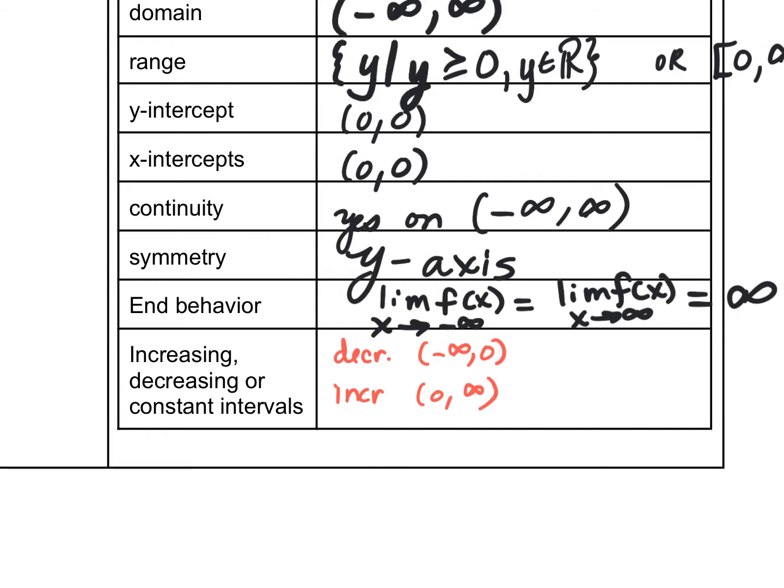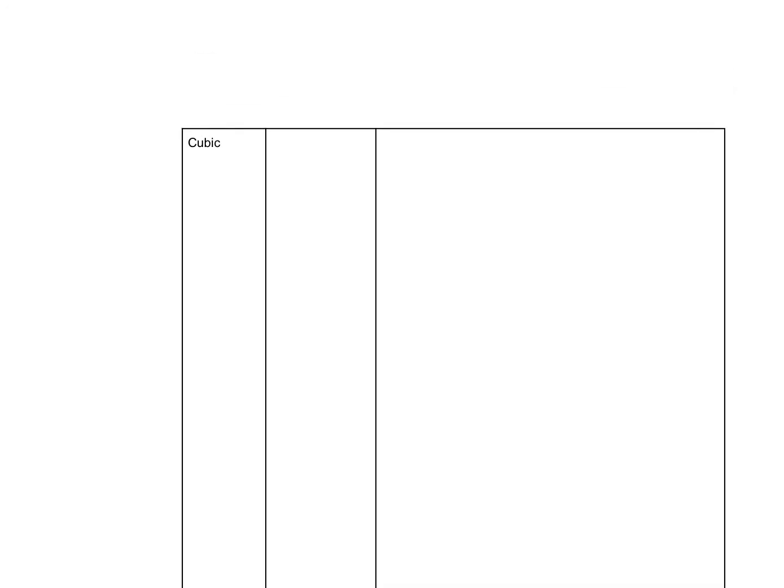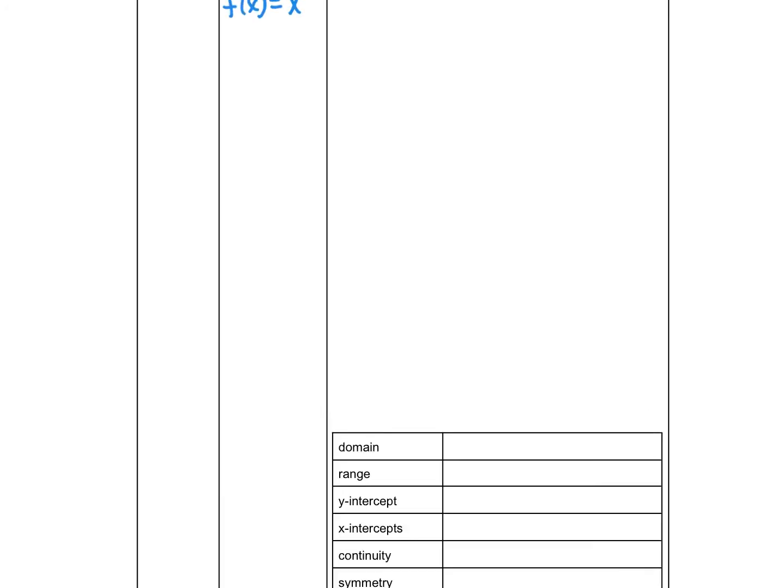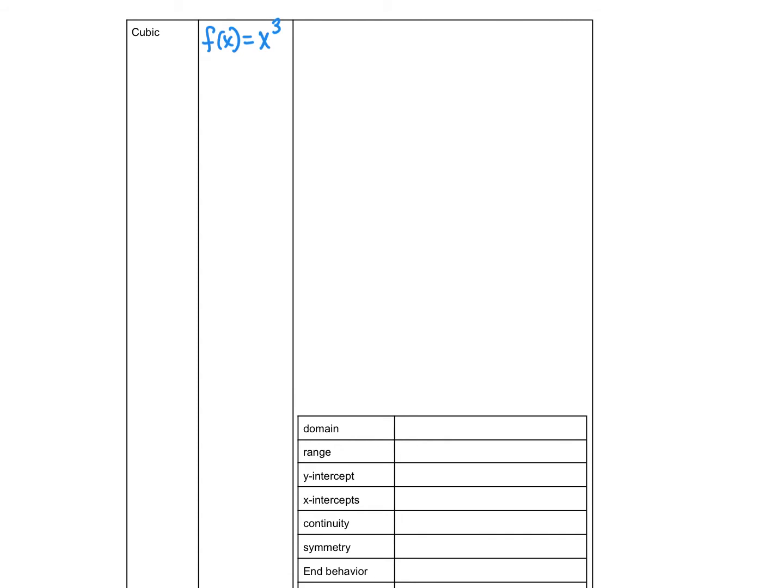We've done quadratic, and now guess what we're going to do? We're going to cubic, aren't we? So in cubic, f of x is what? X to the third. So we need to make a table of values.